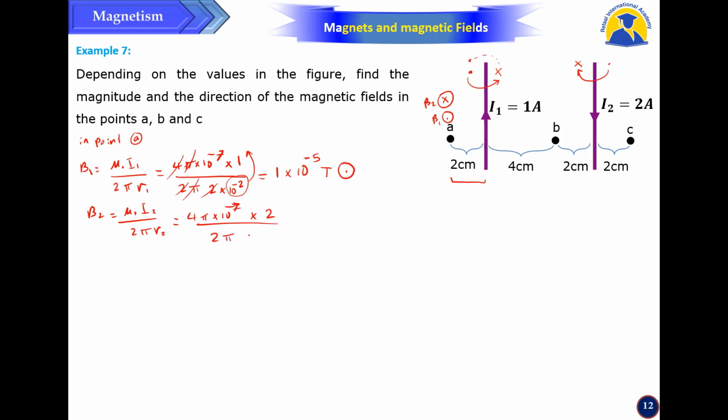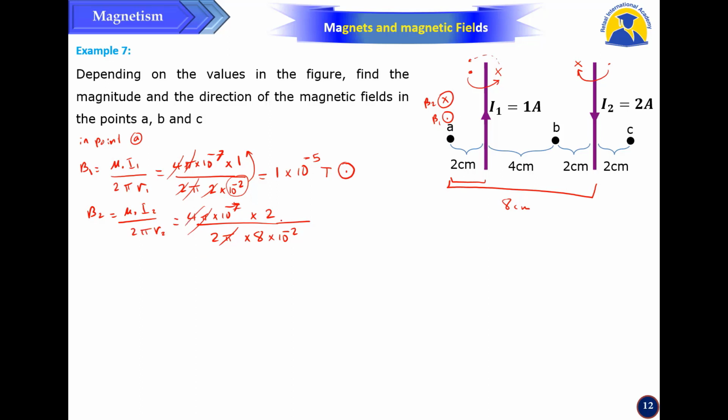R2 is the distance between the second wire and point A, which is 2 plus 4 is 6, plus 2 will be 8 centimeter. Then we convert centimeter to meter, so it will be 8 multiplied by 10 to the power minus 2. The pi cancels with pi.